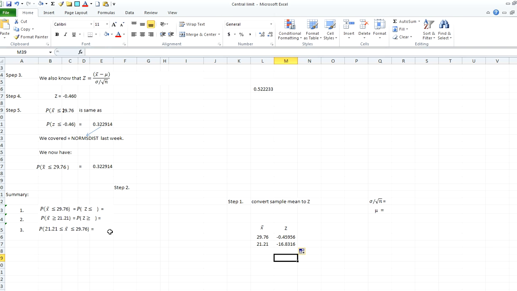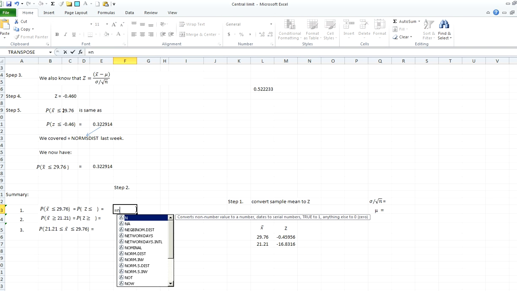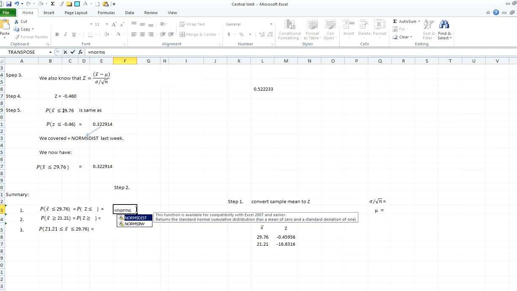To answer this question, I can say equal to NORMSDIST of this number right here, minus 0.45956. That gives you this probability.